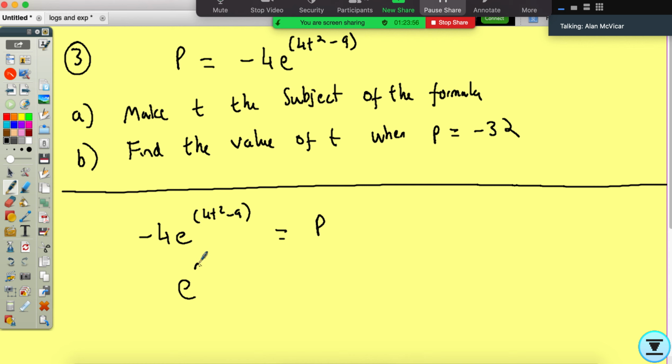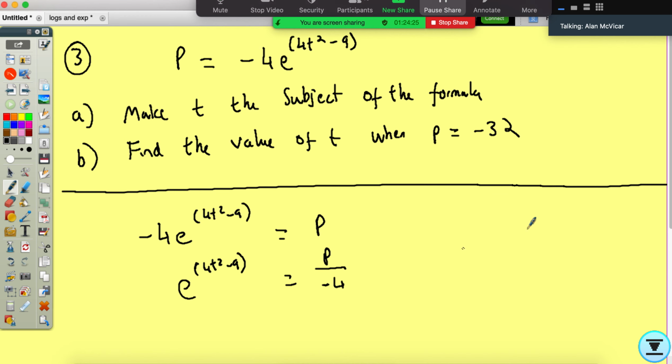That negative 4 is multiplying that e, so it's going to be p divided by minus 4 like that. Okay, not p add 4. You're doing the opposite, and don't change it from a negative to a positive. The opposite of multiplying by negative 4 is dividing by negative 4. Too many people just change the sign, but you don't change the sign.